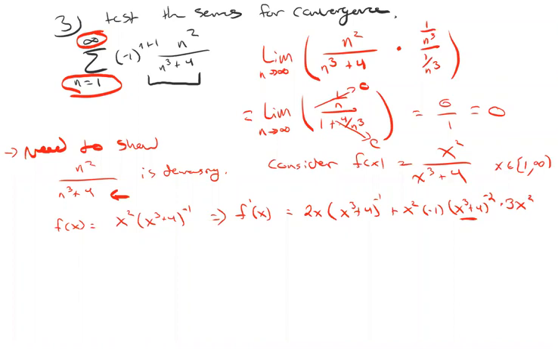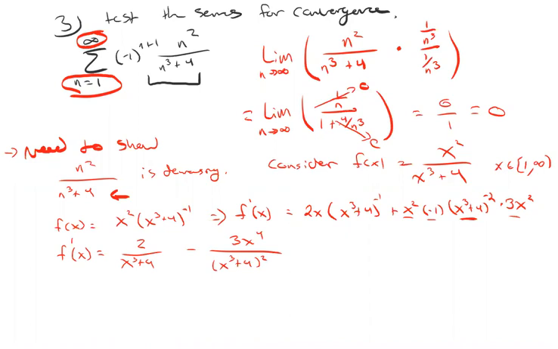So that should be 3x squared. So I have that f prime of x is 2x over x cubed plus 4, and then with this in the numerator, minus 3x to the 4th over x cubed plus 4, quantity squared.